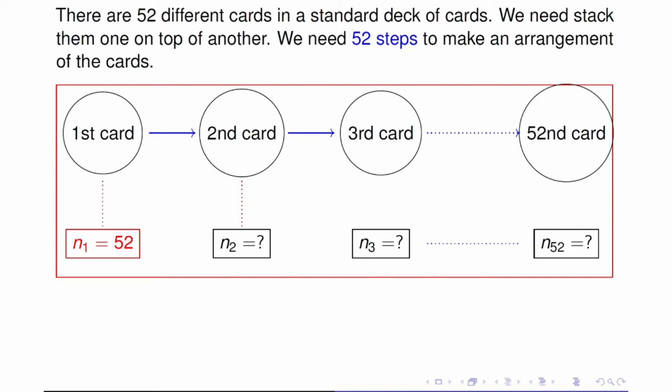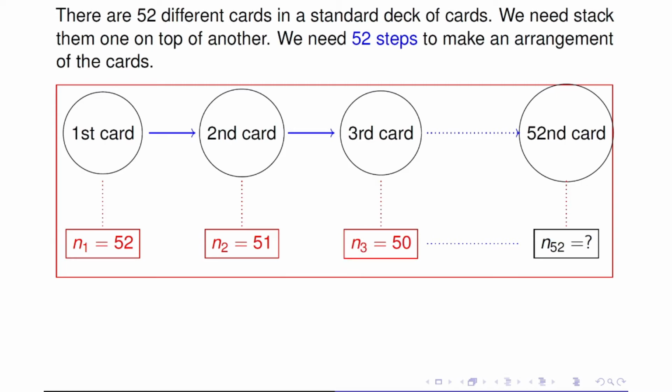So we have n2 equals 51. Similarly, after the first and second cards, there are 50 cards left for the third card to choose from. So n3 is going to be 50.